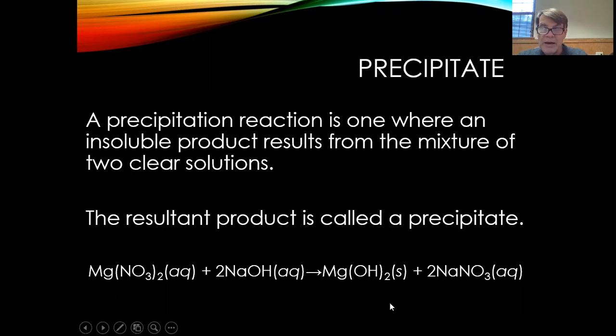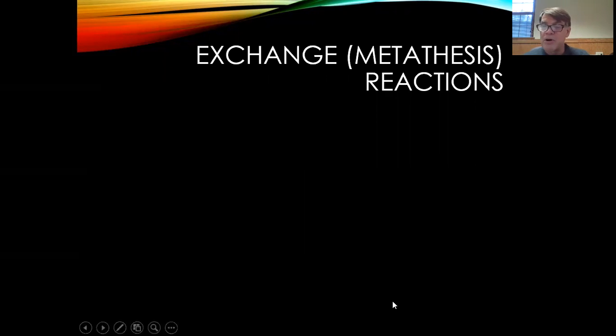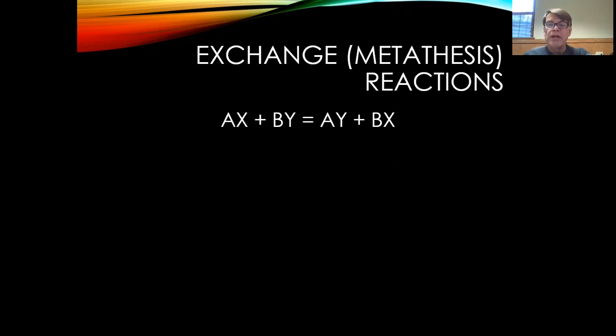It's also an exchange reaction, which brings us to our next slide, which talks about exchange reactions, also called metathesis reactions. Metathesis means we're going to switch partners. An exchange reaction is basically where you switch your partner.